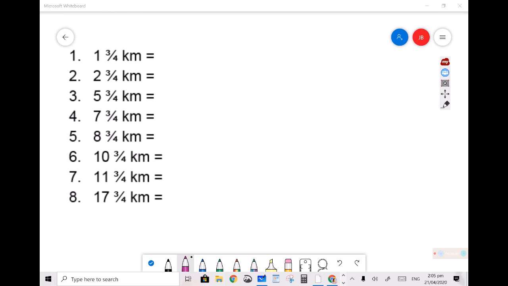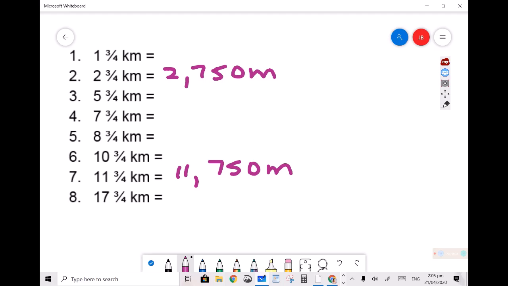With the 3/4, like number 2, it will be 2,750 meters. And then like number 7, 11,750 meters.